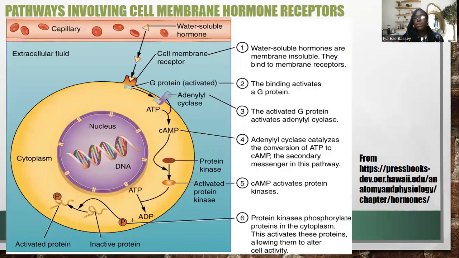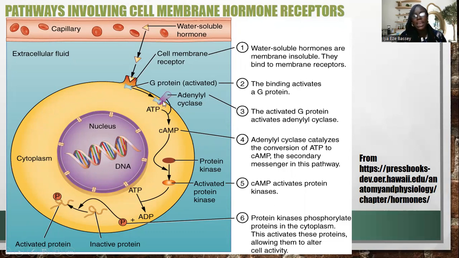Let's look at a pictorial description of this. You can see the water-soluble hormone passing from the capillary into the extracellular fluid. Because of its nature, it cannot permeate the cell membrane. So what it does is bind with a cell membrane receptor, and the binding activates a G protein, and the activated G protein now activates adenyl cyclase.